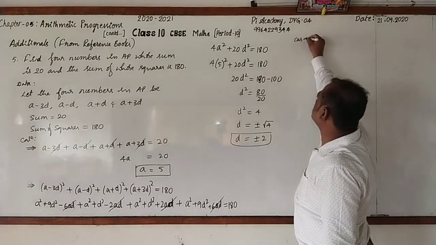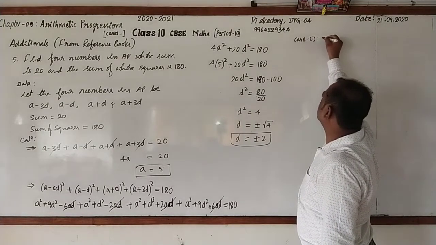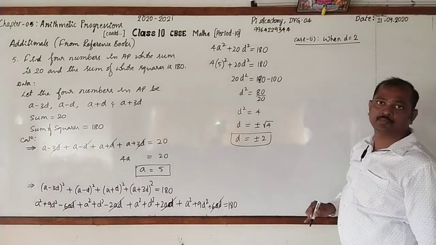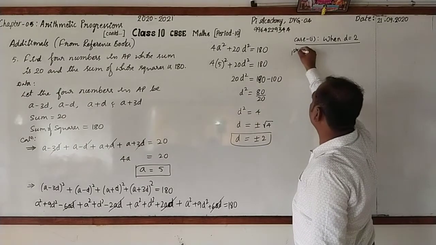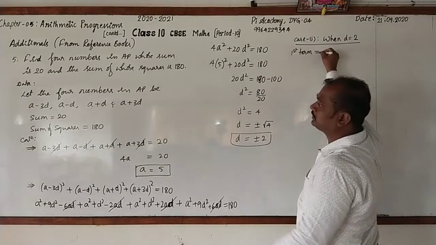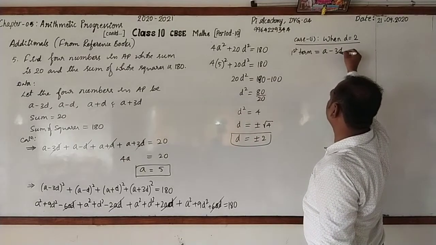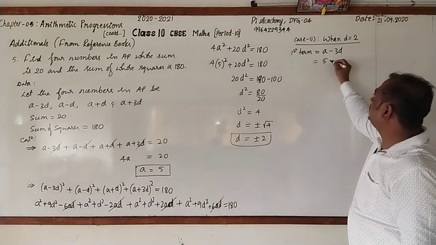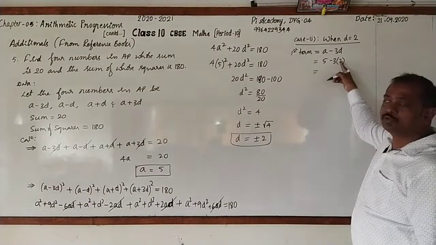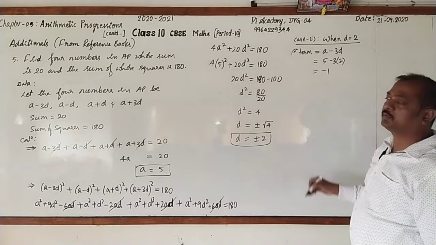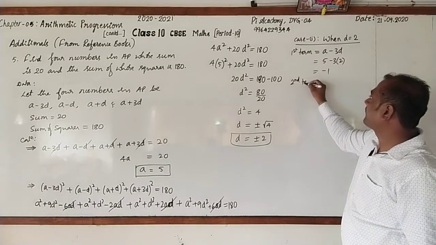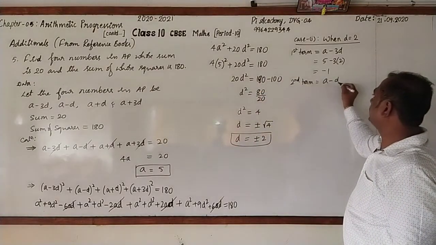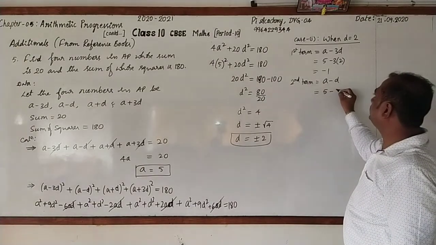Here I write case 1. First case, when D is equal to plus 2. What is the first term? That is A minus 3D. A is 5, D is 2, 3 2s are 6. 5 minus 6 is minus 1. Second term: A minus D. A is 5 and D is 2.